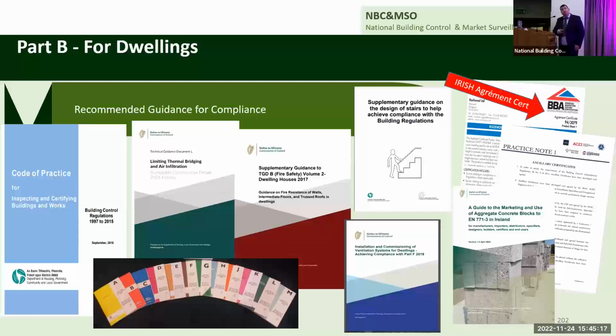You'll see that the guidance here on the marketing of and use of aggregate blocks to EN 771-3. Supplementary guidance, the limiting thermal bridging ACDs, the ventilation, and then the guidance on the parts M, K, and B. And make sure BBA certs that they're Irish or Irish building regulations.